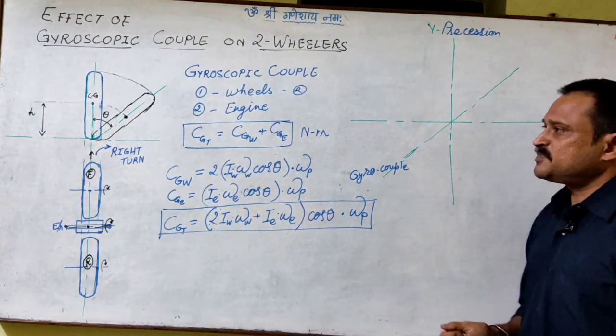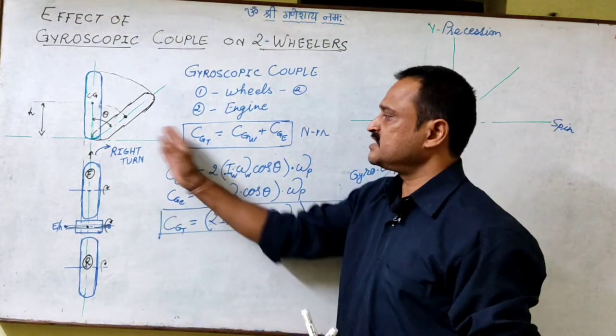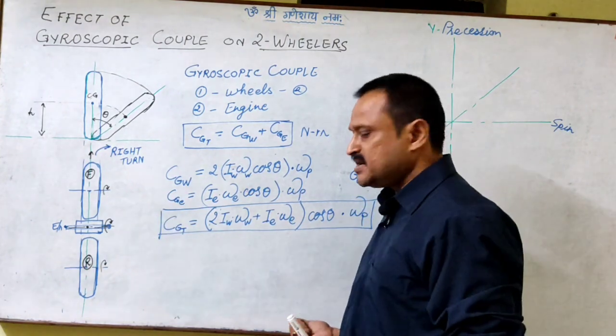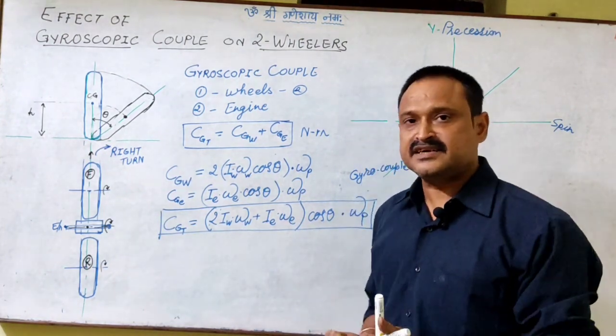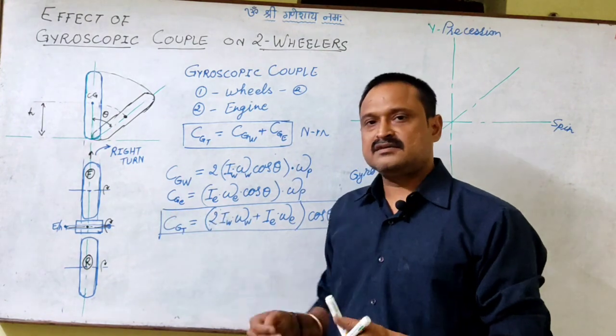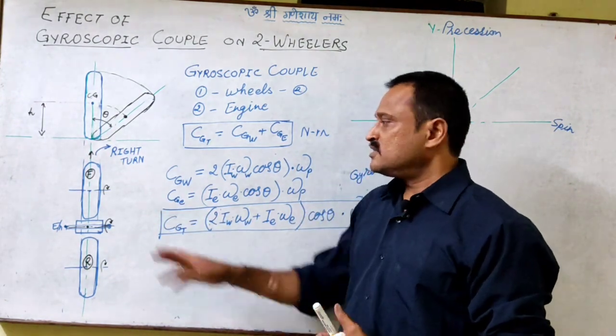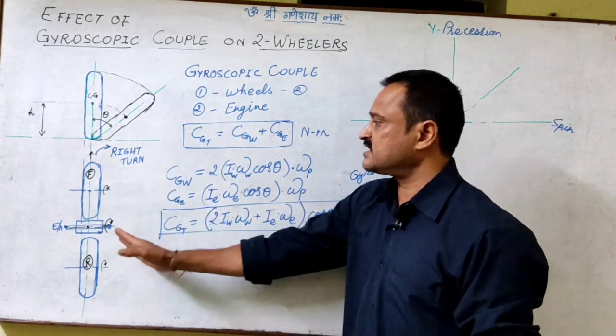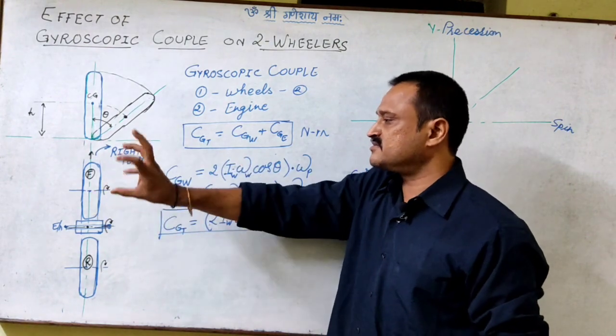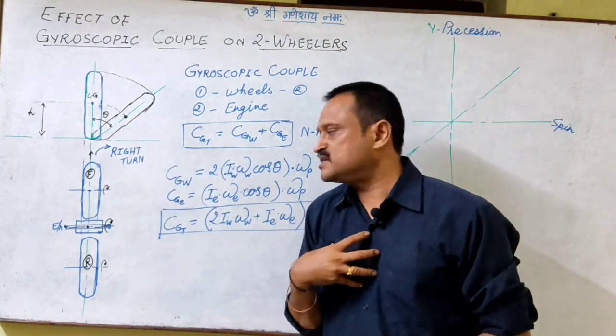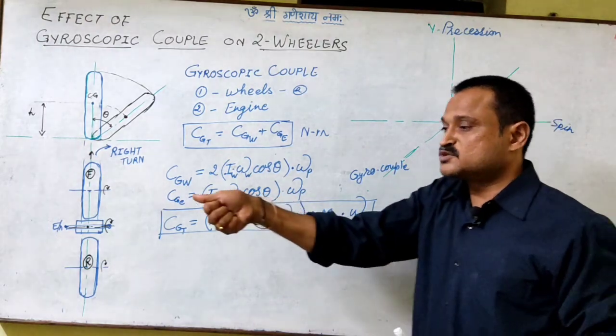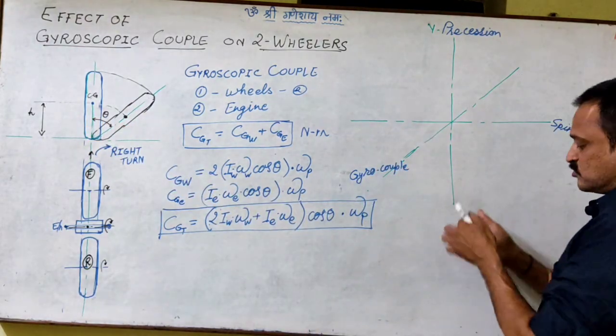For the spin axis, when it is taking a right turn, as an observer I will be standing at the center of the turn and making the judgment. When I am standing at the center and the vehicle is moving forward, the wheels are turning clockwise from the point of view of the observer, so the vector will be pointed outwards.